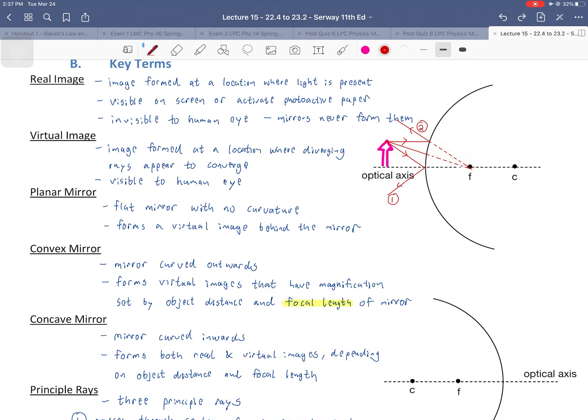So they're kind of reciprocals or inverses of each other. Okay, so we'll have this one come out horizontally like so. Okay, and so that's going to be our third and final principal ray.